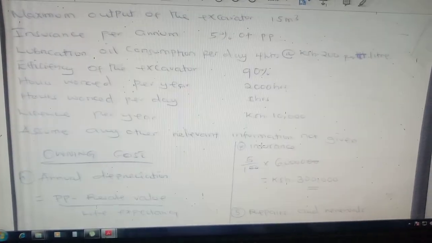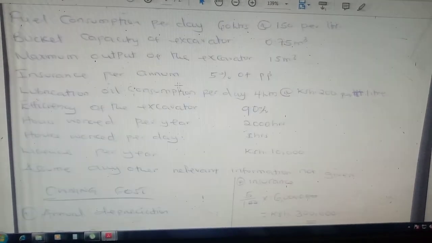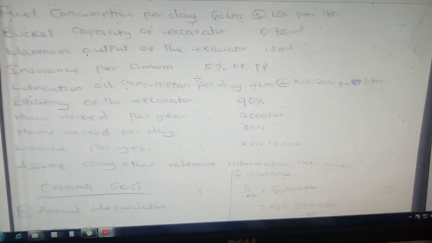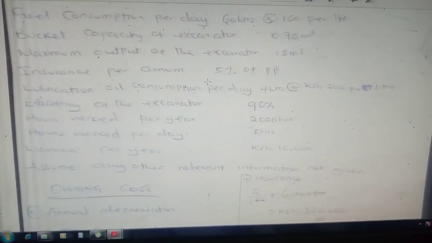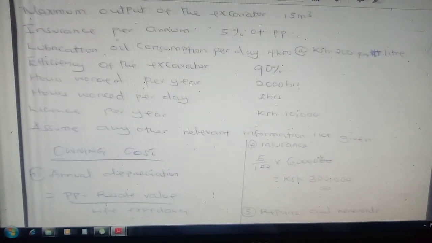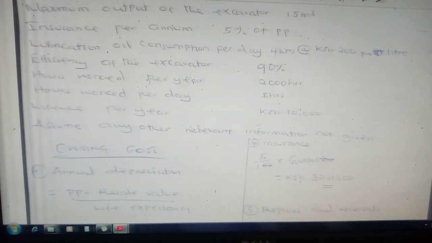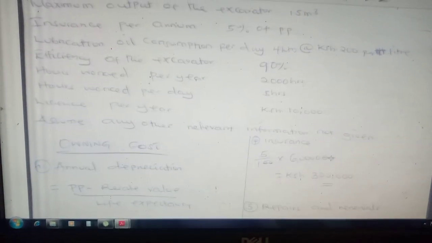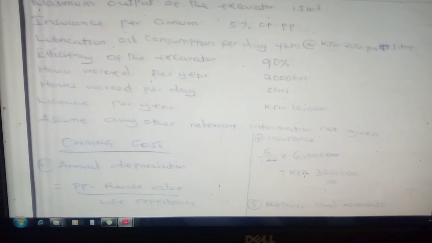As per the question, insurance per annum is 5% of the purchase price. So you take 5% of 6 million, which is the cost of purchasing an excavator. So the insurance will cost the owner 300,000 per year.